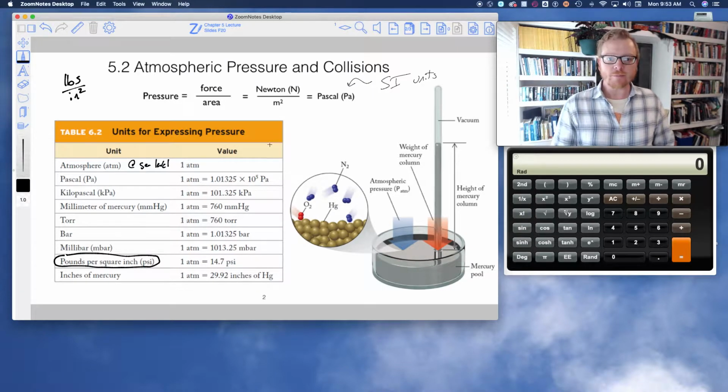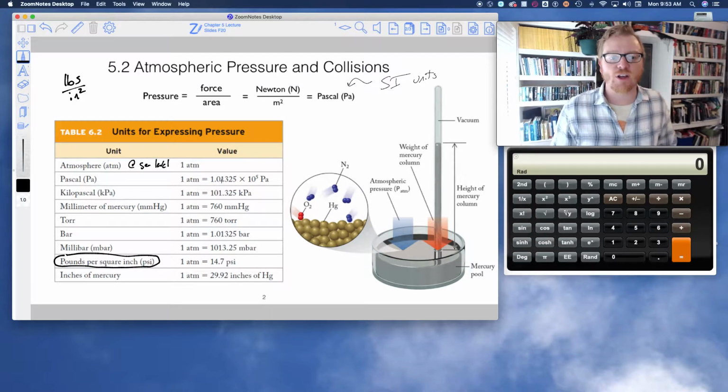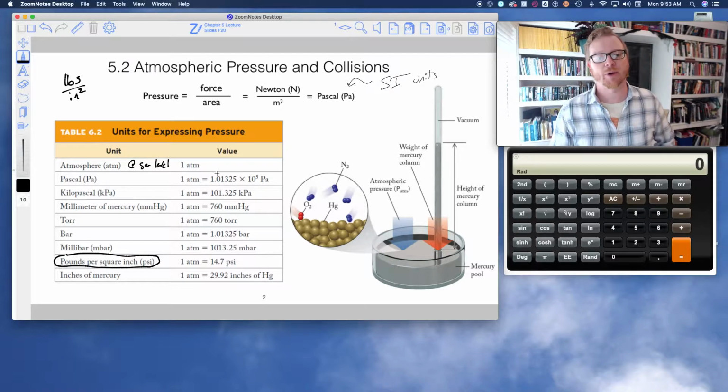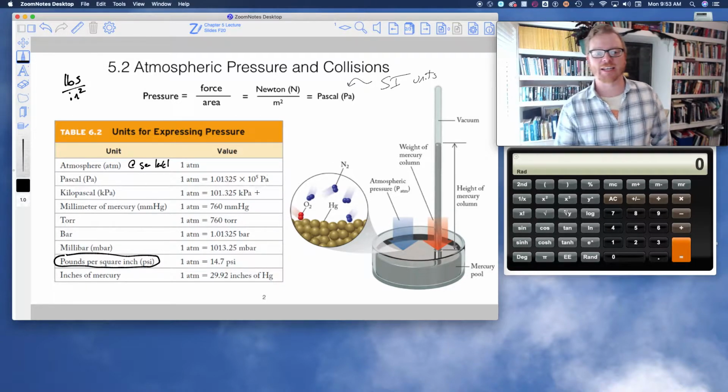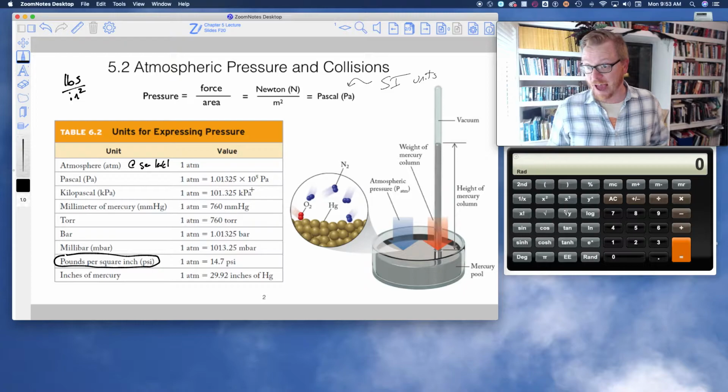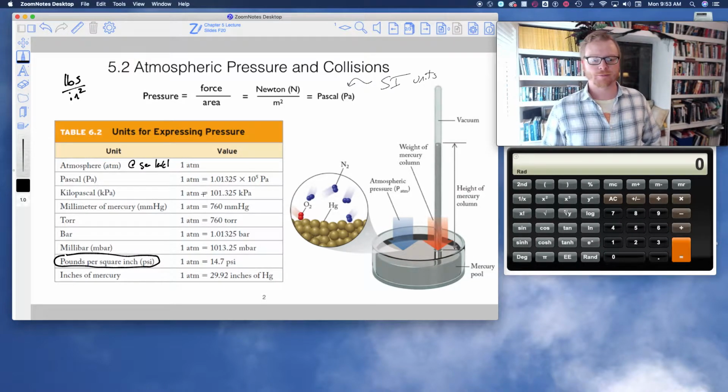In terms of pascals, that's also the same as this crazy number, 1.01325 times 10 to the 5th pascals, or 101 kilopascals. So I take this number and divide it by 1,000, right? I can still do all of my scientific notation stuff. So about 100 kilopascals is 1 atmosphere.